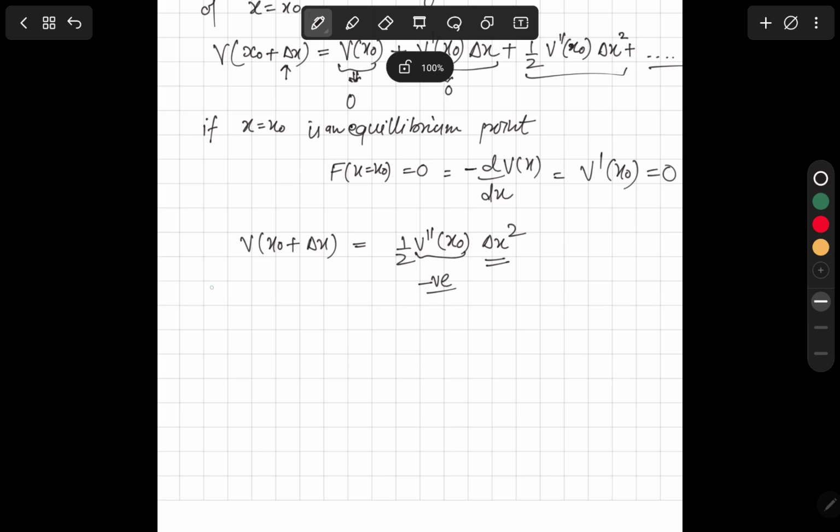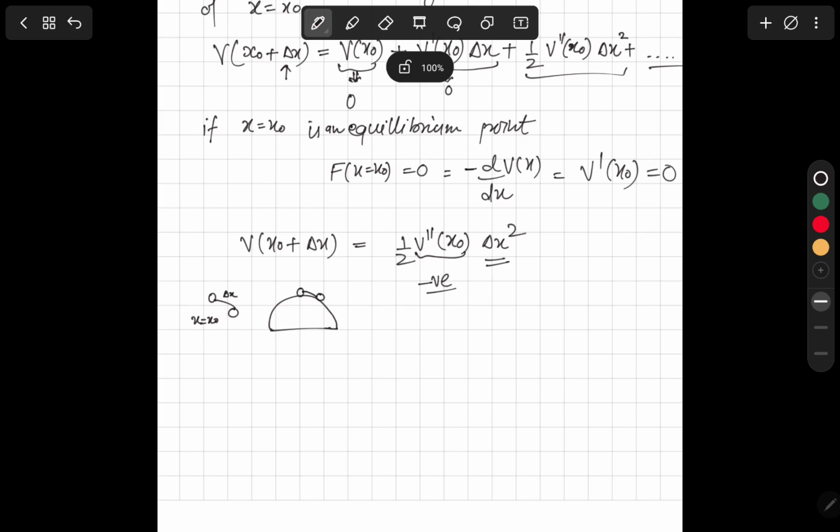So as soon as we disturb the system, let's say x equal to x naught is our equilibrium point, and we displace it by some delta x amount, so this new potential energy here is lower than the initial one. It is like, let's say we had a bowl turned upside down with a marble sitting on top of it, and if we displace it slightly, in the new location the potential energy is lower than what was before.